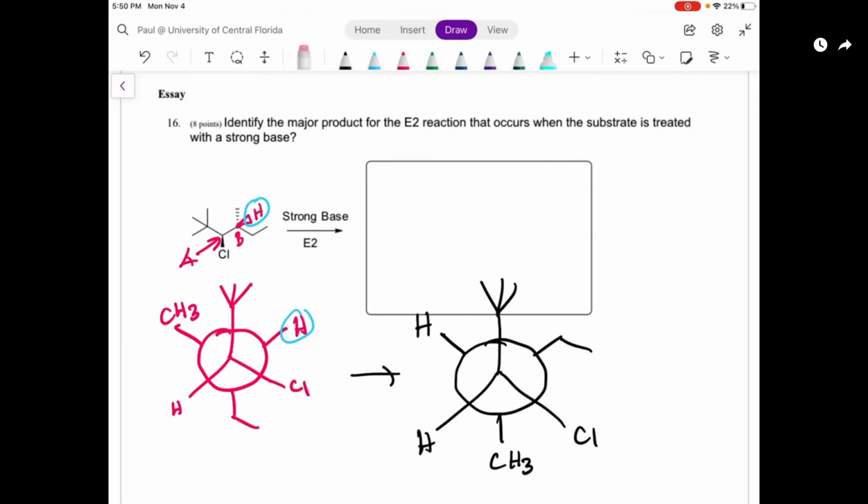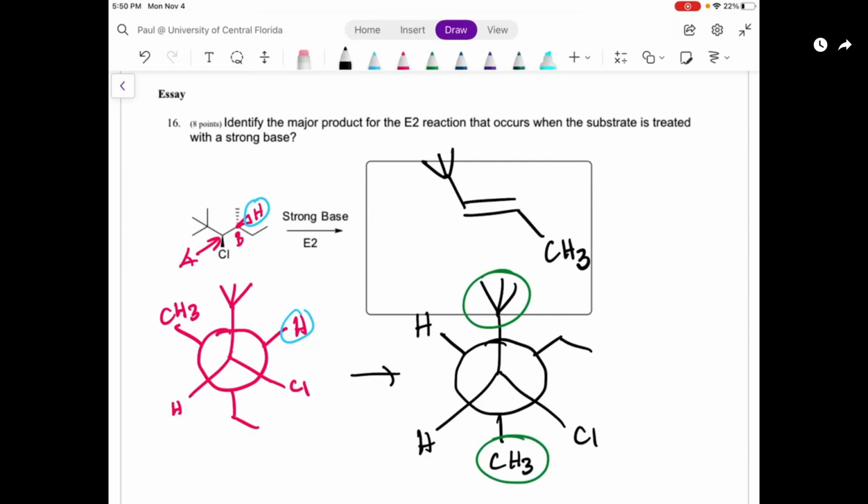And so what is the relationship between that group and that group? Do you see they're on opposite sides of one another? And so that's the shortcut. When we draw our double bond like that, we know we have to have a tert-butyl, and that has to be on the opposite side of the methyl.